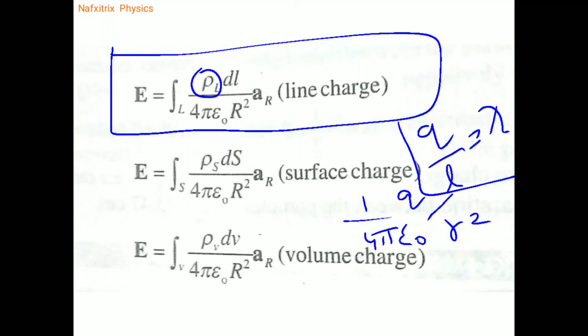Here Q is nothing but rho L into dl. Instead of lambda, here it is given as rho L.